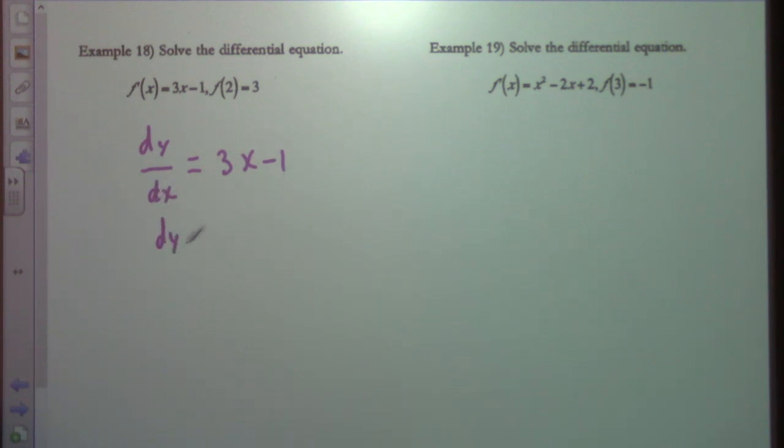So dy equals 3x minus 1 dx. Okay, what's the next thing?